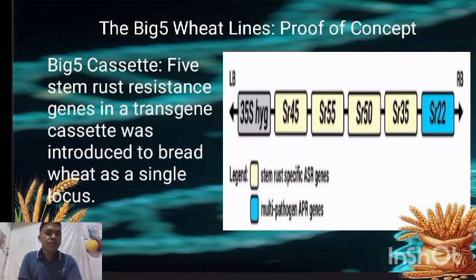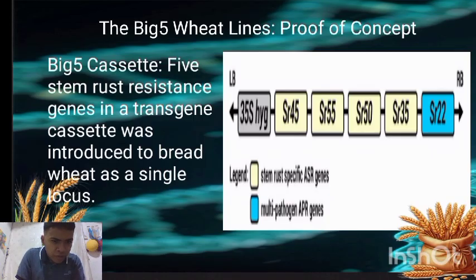Five stem rust resistant genes in a transgene cassette were introduced to bread wheat as a single locus. So you can see the diagram. It is in the host plant where the 5 resistant genes are transferred through biotechnology.